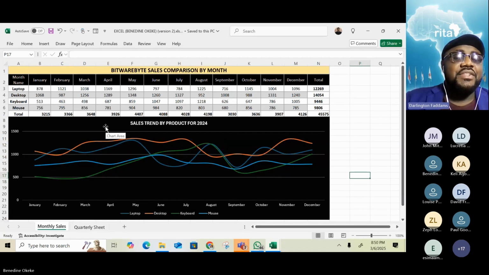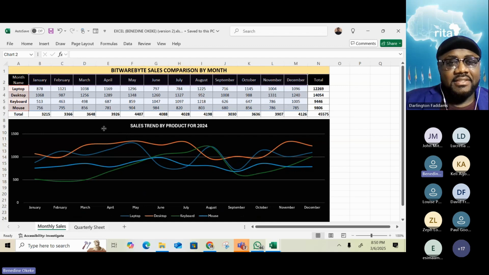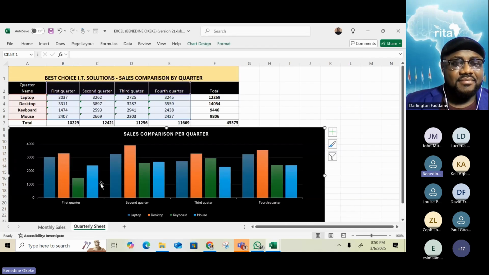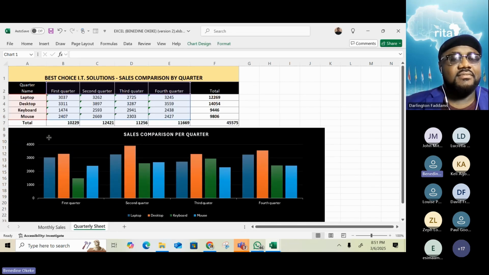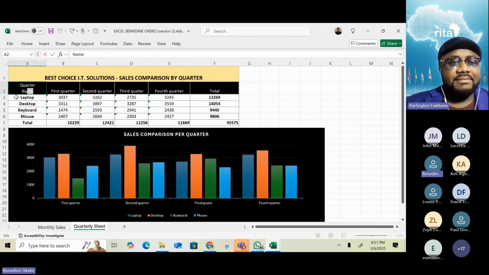Can you show us how you created the second one? Okay, sir. So basically, let me delete this. I just highlighted what I wanted from this point to this point without adding the totals like we were instructed, so that it doesn't duplicate a figure.